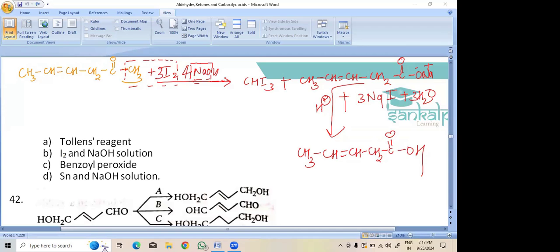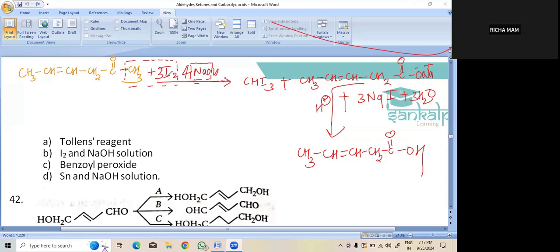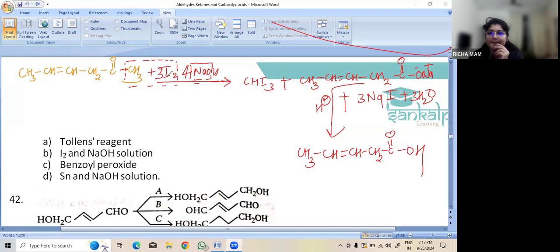So this is the reaction, the iodoform test. Is it clear now? Okay, fine.